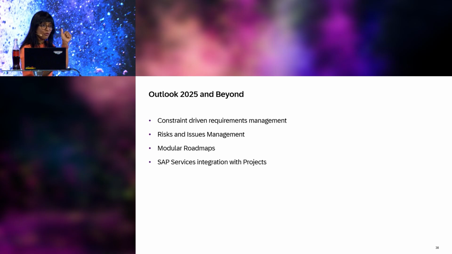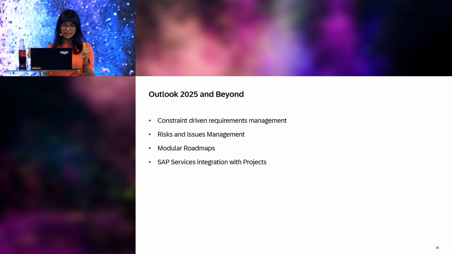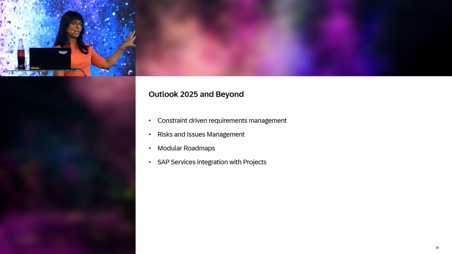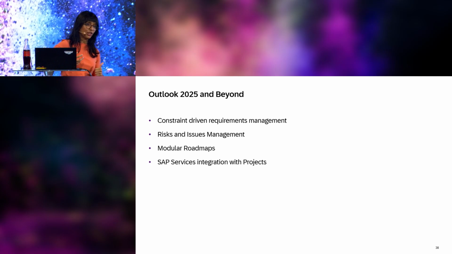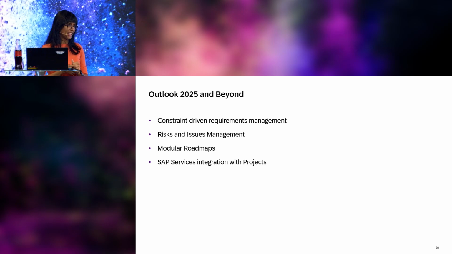We want to also offer modular roadmaps, like a subset of roadmaps that you can use in your projects. And lastly, you will see more and more integration with SAP delivered service outcomes and the integration of the Cloud ALM for service applications with projects.